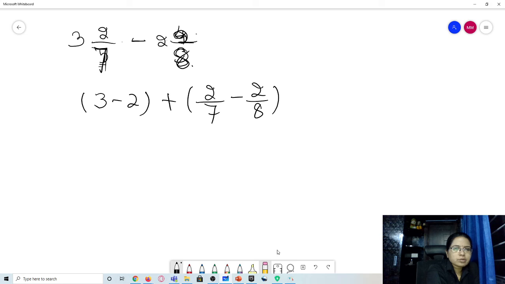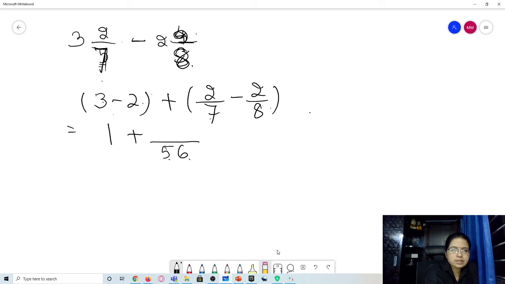Subtract the whole part separately and subtract the fractional part separately. 3 minus 2 whole numbers. 3 minus 2 is 1, plus 2 divided by 7 minus 2 divided by 8. LCM of 7 and 8 is 56. Now multiply.